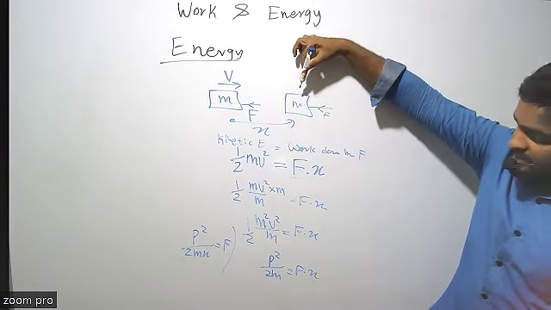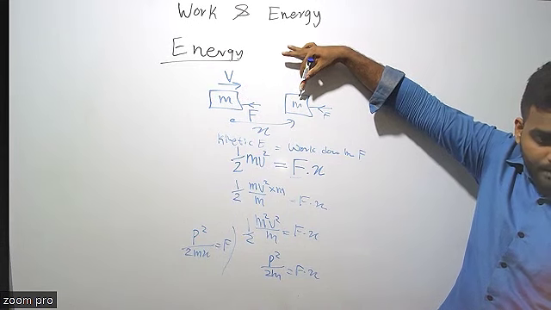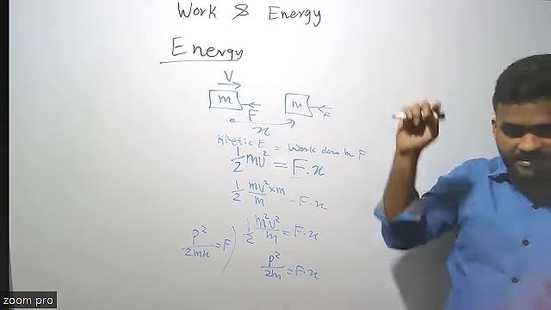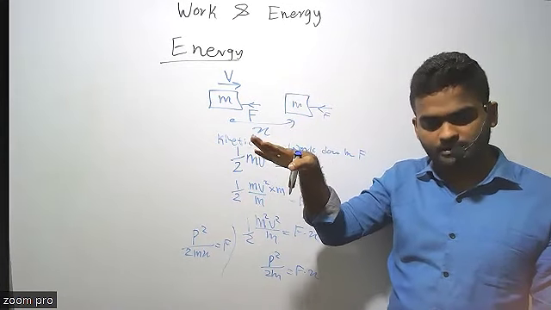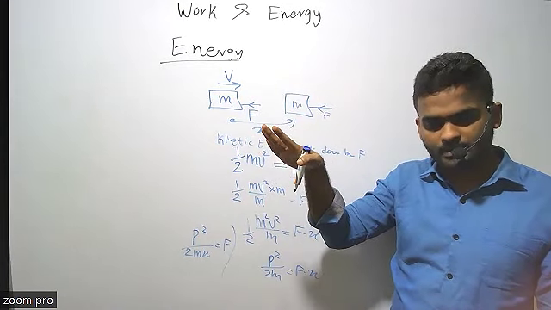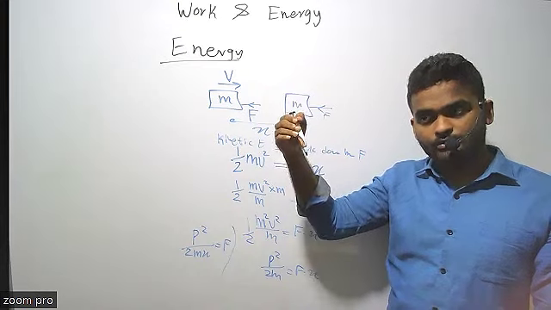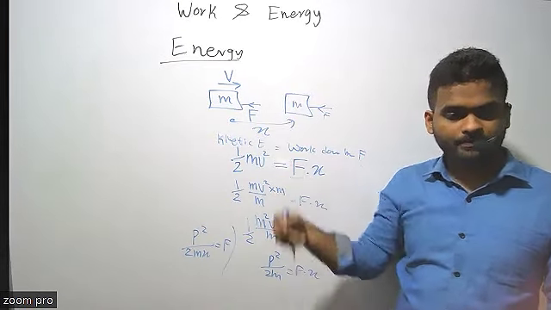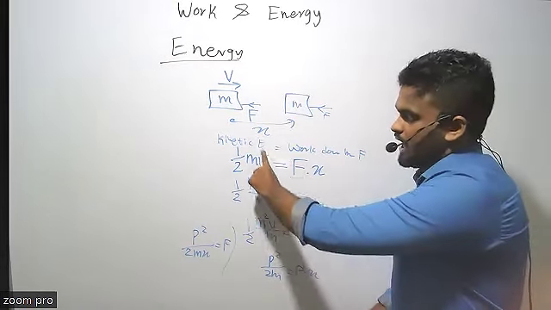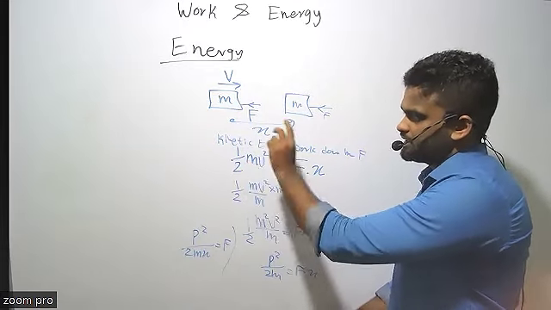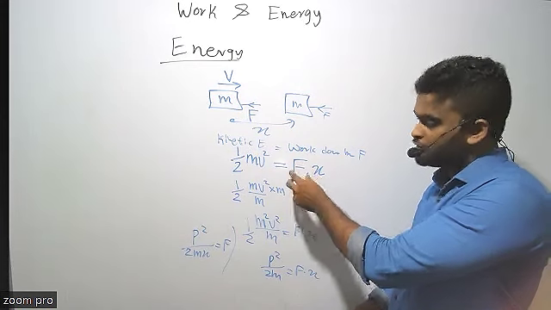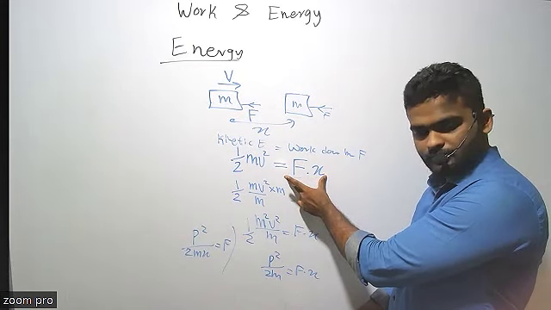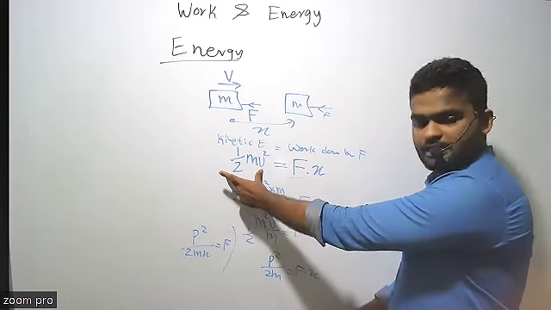This object has stopped here, meaning its kinetic energy is converted into something, or it is lost due to resistive force. So the work done by the resistive force should be equal to the kinetic energy.